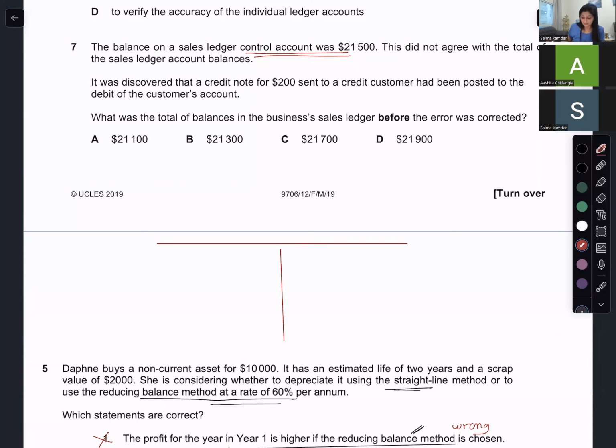Sorry, SLCA normal balance is debit. Okay, fine. This did not agree with the total of the sales ledger account balance, that means your sales ledger accounts had some different balance. I don't know what my sales ledger account balance was. Are you with me?